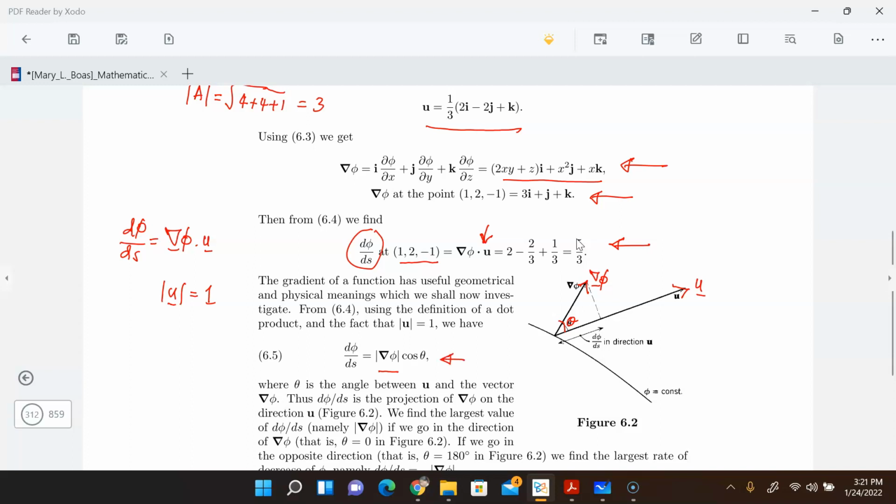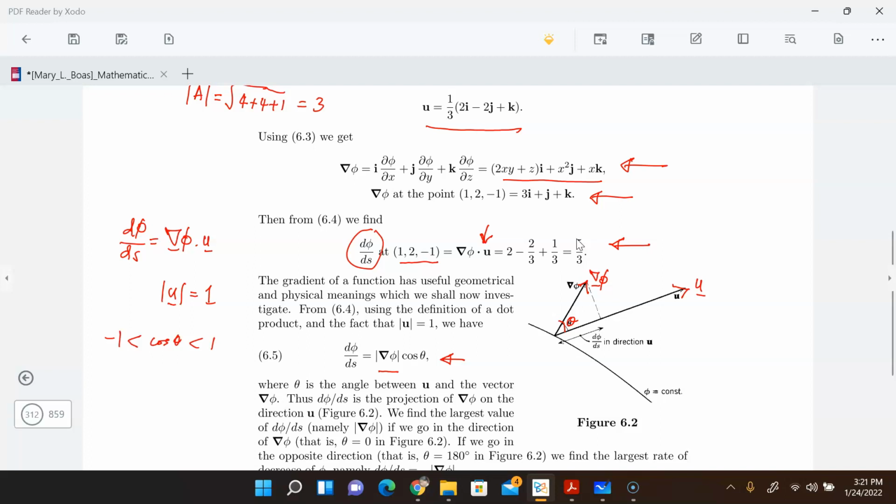Now you can almost immediately see that, in order to get the largest value, you need to make your cos theta equal to 1, because cos theta is between positive 1 and minus 1, right?